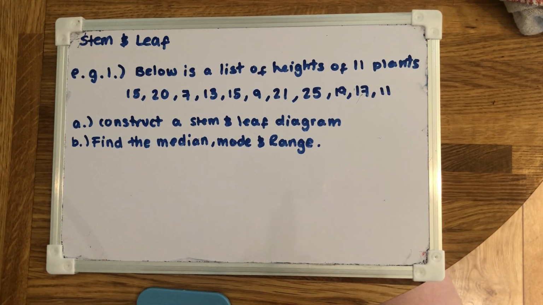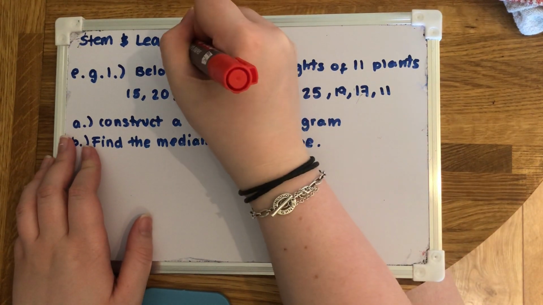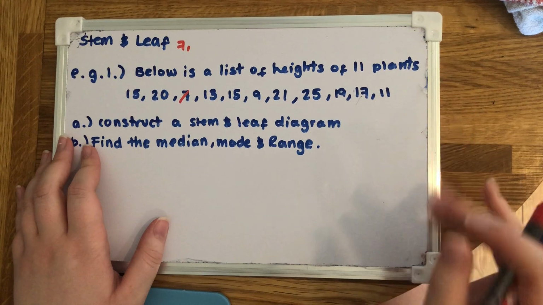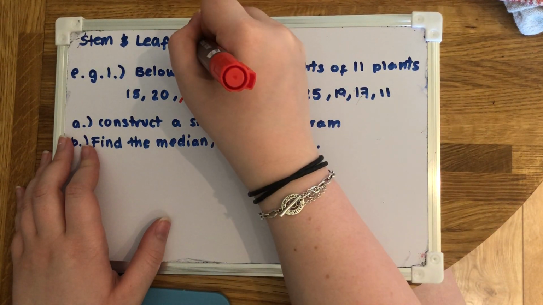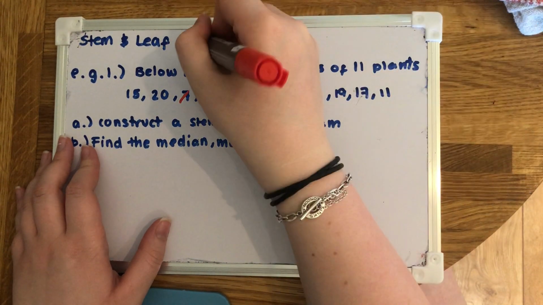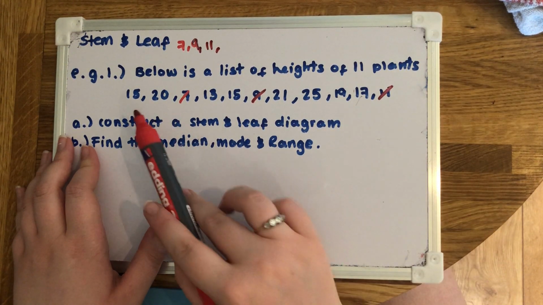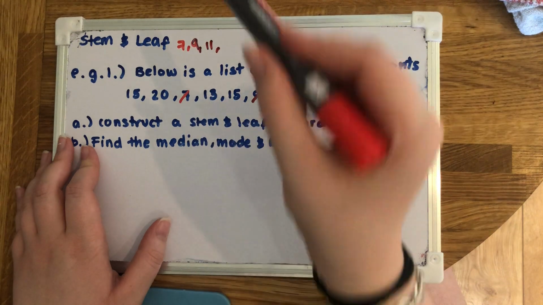So the smallest number that's there is the 7. Okay, I'm just going to cross it out just so that I know that I've done it. The next one is 9, and then 11. What's next after 11? 13.